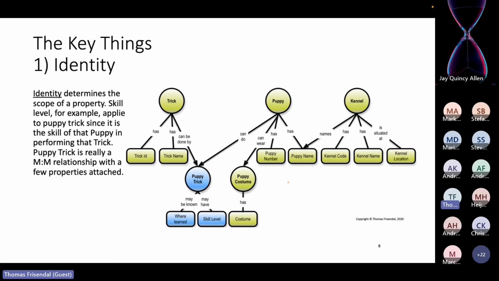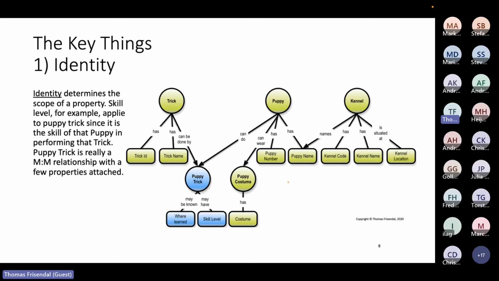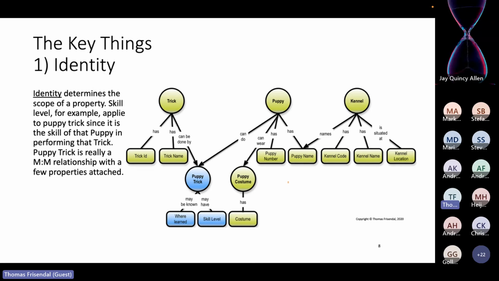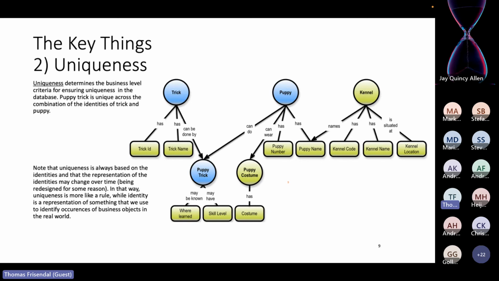But what is obvious when you look at it in this way is that the identity of a puppy trick must be something that is sort of identifying it both from a trick and a puppy point of view. And the same thing for the uniqueness. Obviously, the uniqueness of a puppy trick must be sort of inherited from the trick and the puppy.